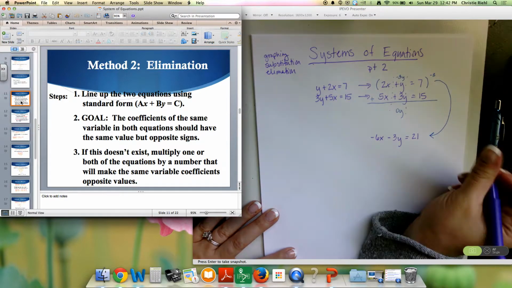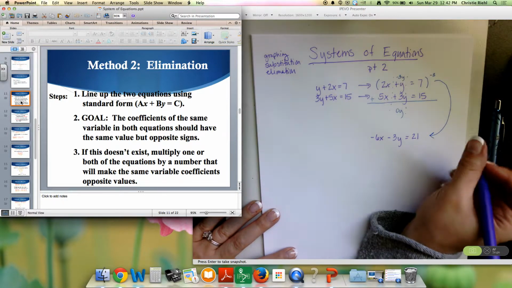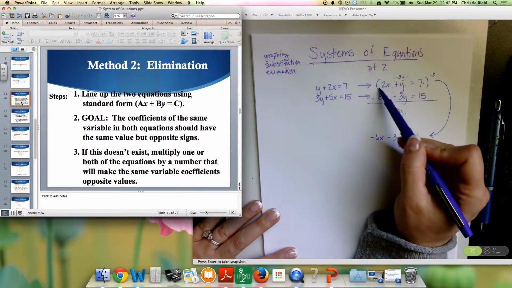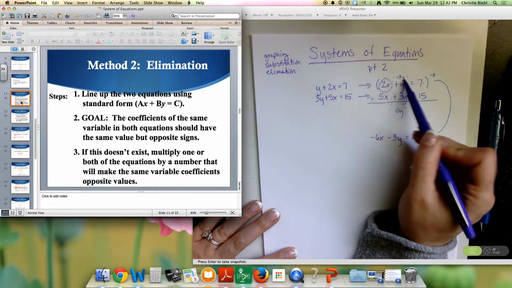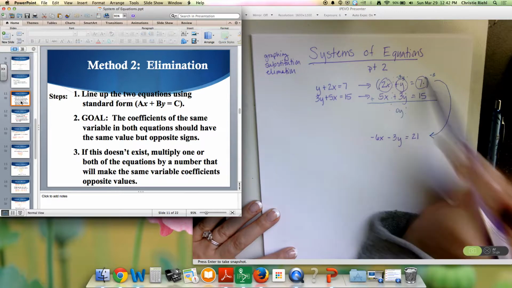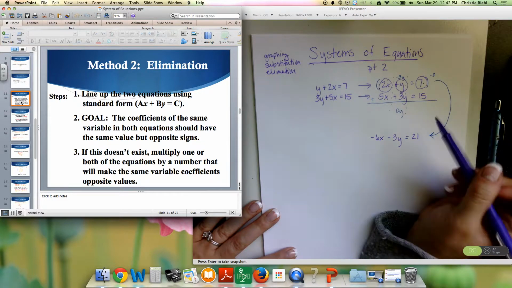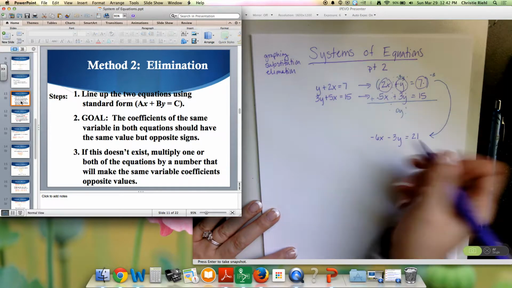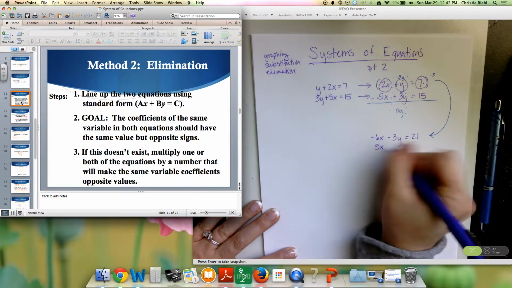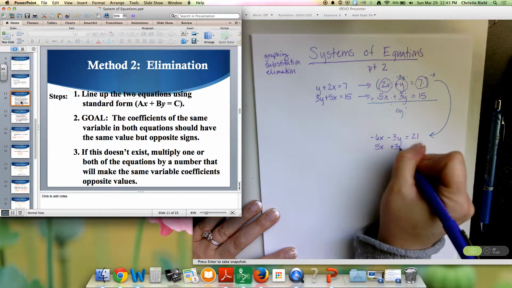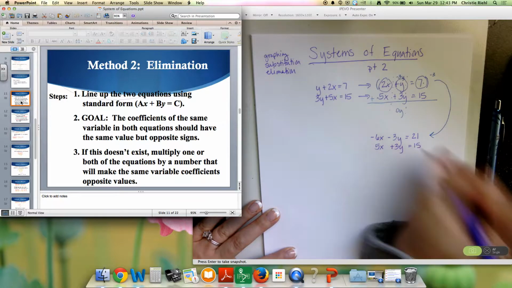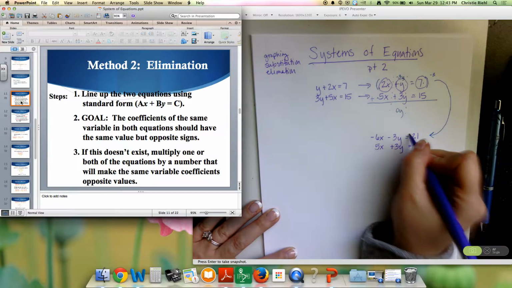So remember, in order for this equation to stay true, whatever I do to one side, I have to do to the other. So when I multiply all of these parts by negative 3, I also have to multiply this by negative 3. Now I'm going to bring my second equation down. 5x plus 3y equals 15. Oops, negative 21.